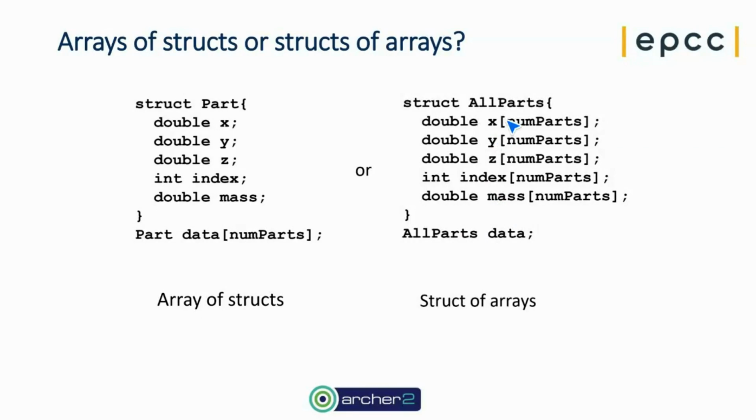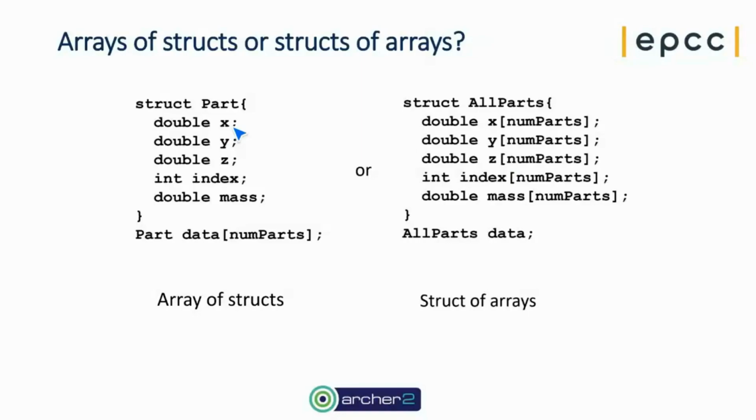Then we get very good spatial locality, because we are loading contiguous bits of all these arrays, and we're going to use all that data. If we did the same thing with the array of structs, looping over the particles and just accessing X, Y, and Z, then for every particle we're also loading the index and the mass and then not using it.